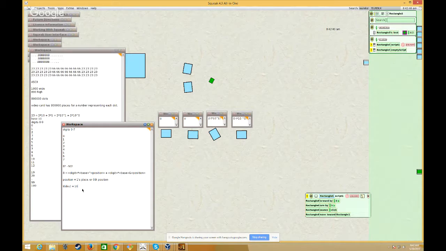Okay, so if we're saying that's 8, then that means that 8 equals digit 1 times some base raised to the position. The position is, remember, it was 0th place, 1th place. So the position is the 1th place.